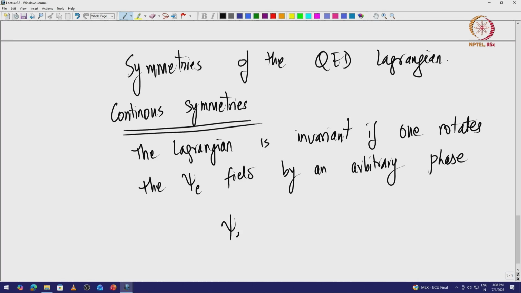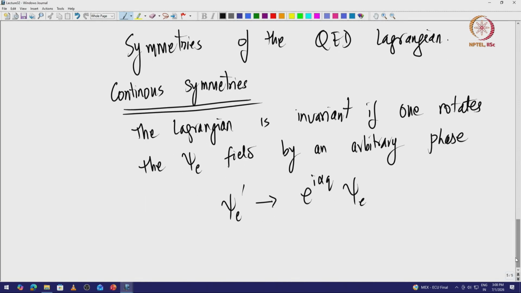So, psi E prime goes as e power i alpha q times psi E. Now, psi E bar prime is equal to e power minus i alpha q psi E bar.